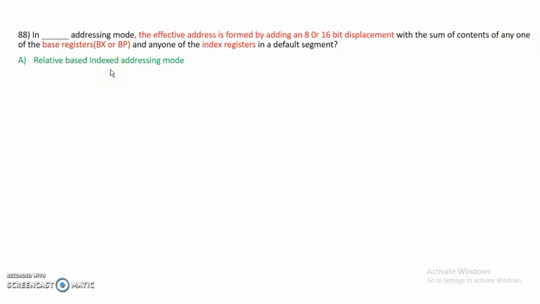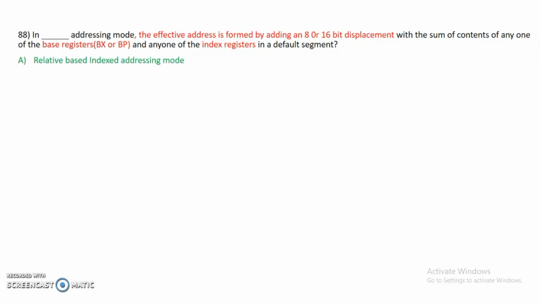So whenever in the question they are explaining about the displacement like 8-bit or 16-bit displacement, always relative comes into contact. So that's why the answer of this question will be relative based index addressing mode. They are adding base registers as well as index registers, as well as they are adding 8 or 16-bit displacement.